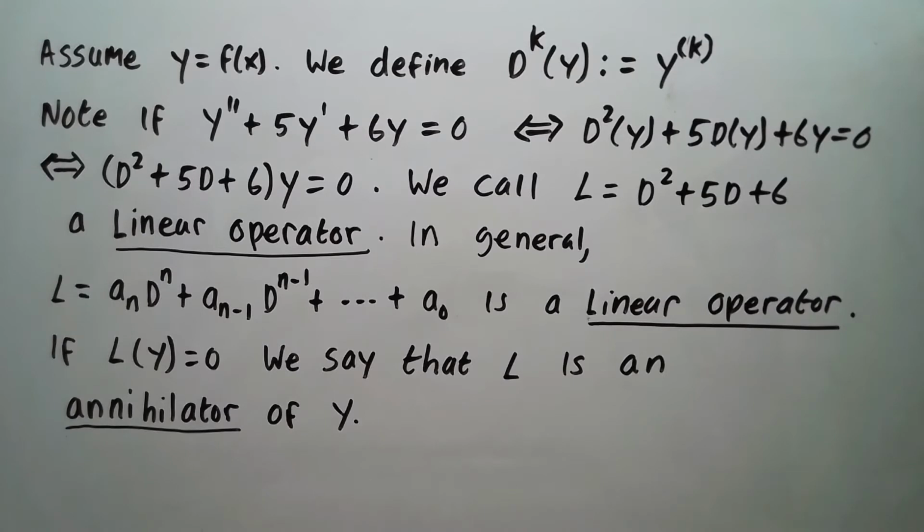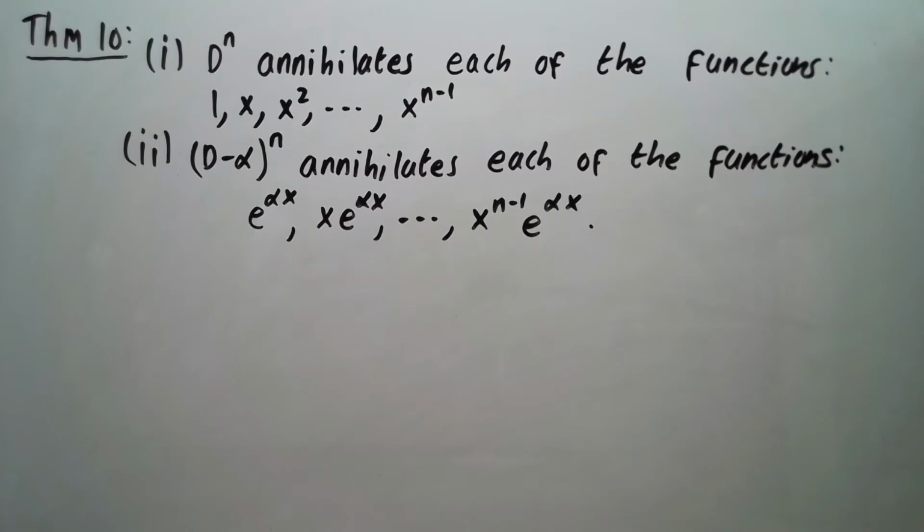Okay, so let's take a look at the theorem now. I'm going to erase stuff here and look at Theorem 10. Okay, so here's Theorem 10, which has two parts.